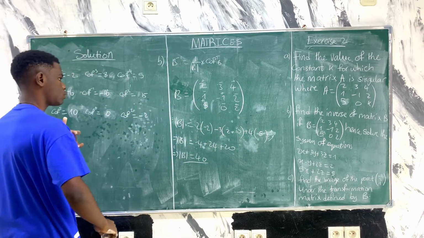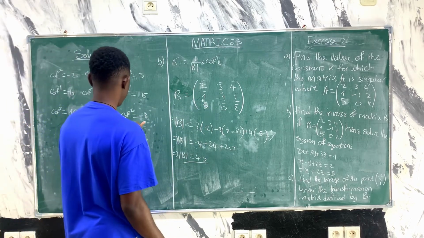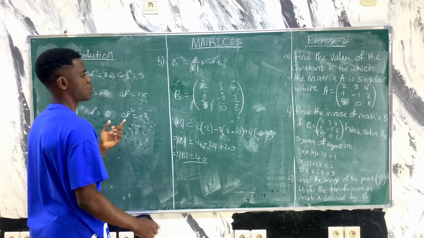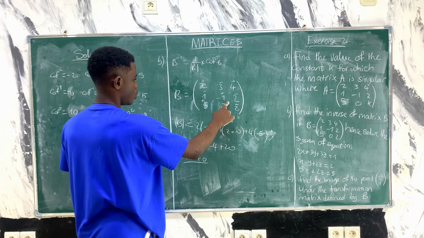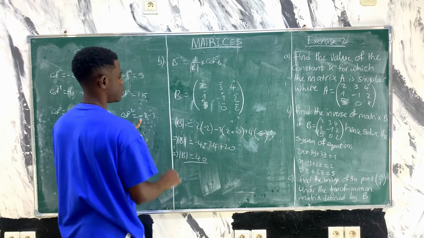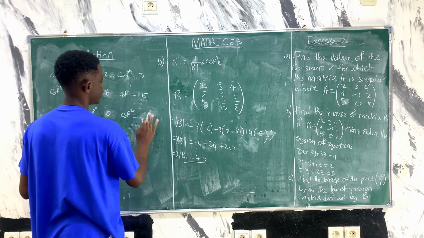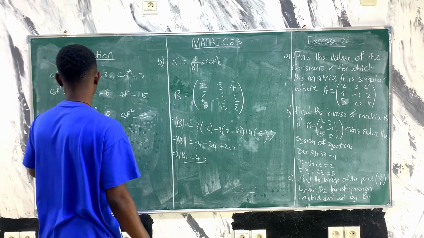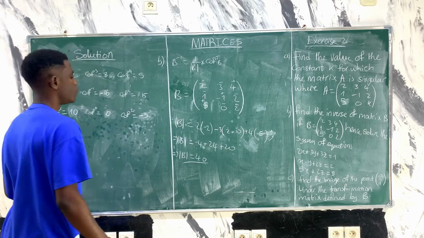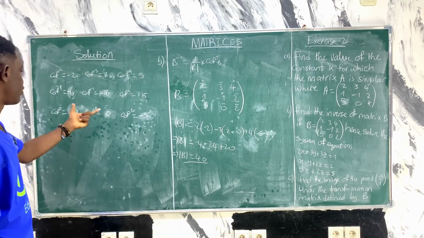Plus 10. Okay. After 2, you cancel here, you have minus 2 minus 3, that'll be minus 5. Okay, so we have all of our cofactor values.